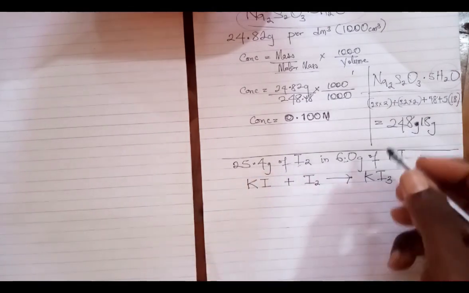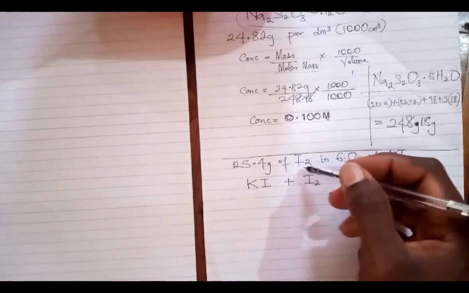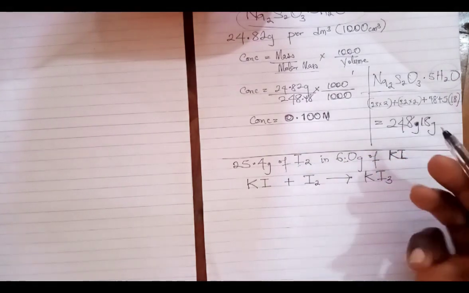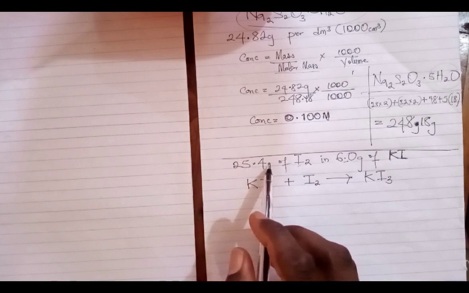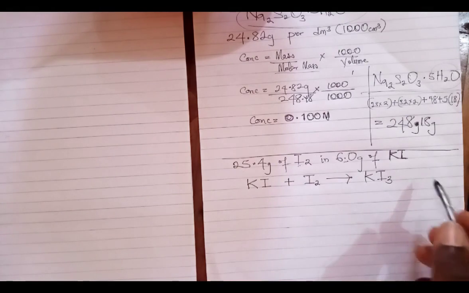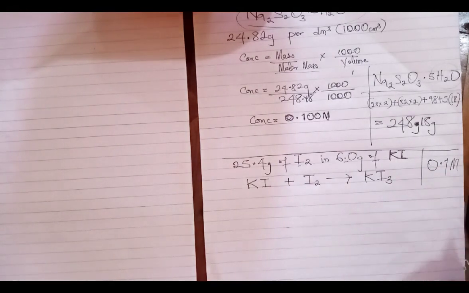When you add it, you still have a large mass of iodine left in the solution. So what do we do now? If you calculate using 25.4 grams of iodine as the mass dissolved in 1000 cm cube, you will arrive at 0.1 mole also for iodine. But that's not the case.